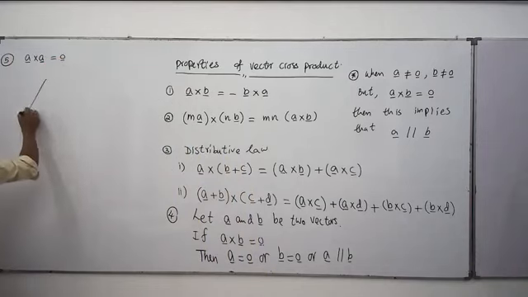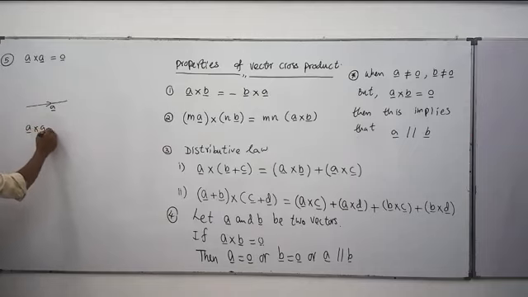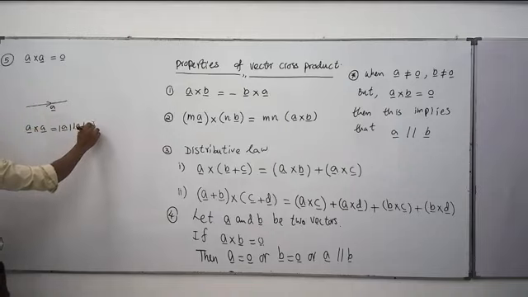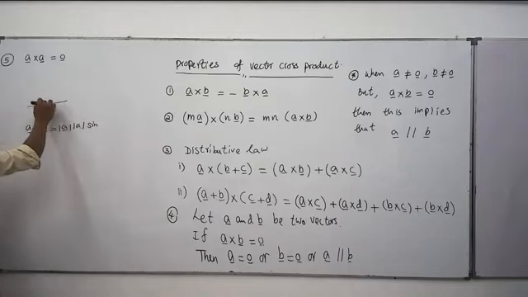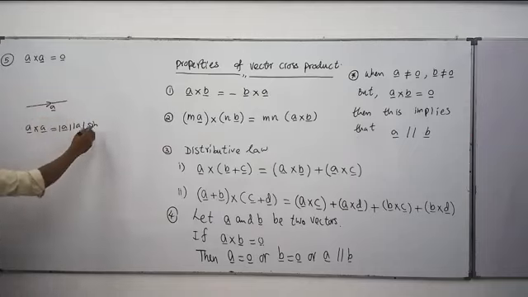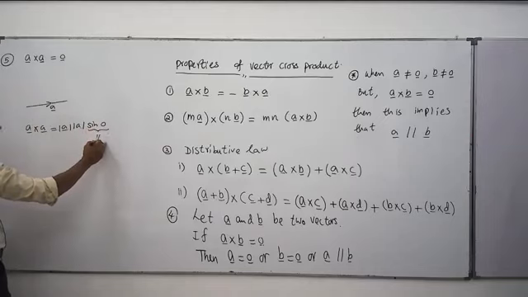The reason can easily be explained, people. If we consider vector A cross A, how did we define? Modulus of A, modulus of B, and B means still the same A. What is the angle between A and A? Another line we have to draw to get the next A. Then the angle is 0. You know sine 0 is 0.